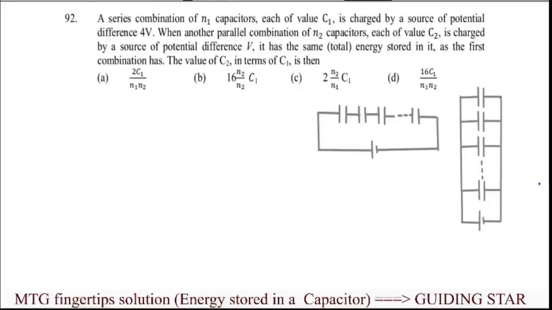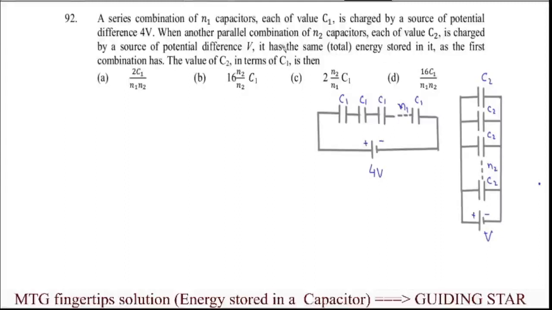Here N1 numbers of capacitors are present, and each capacitor has capacitance C1. This series combination of N1 capacitors is across a potential difference of 4 volt, across a battery of 4 volt, and there is a combination of N2 capacitors, each having capacitance C2, across a battery of potential difference V. This is positive, negative, positive, negative.